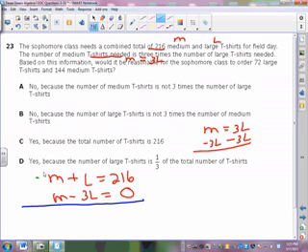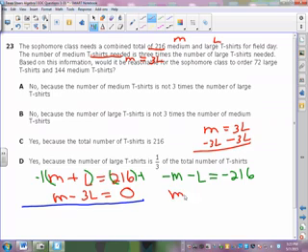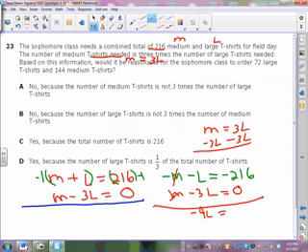I'm going to make this one negative, so I'm going to multiply top and bottom by -1. So that's negative M minus L equals -216. M minus 3L equals 0. Cancel, we get -4L equal to -216.